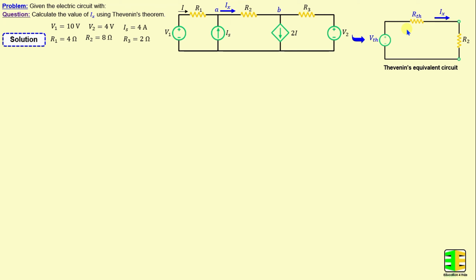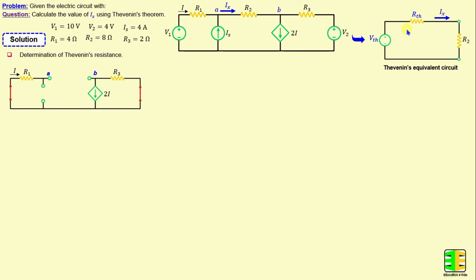This step can be done by disconnecting the resistor R2 and removing all independent sources in the circuit, which means the voltage sources will be replaced by a short circuit and the current source will be replaced by an open circuit. But we see the presence of the dependent source.